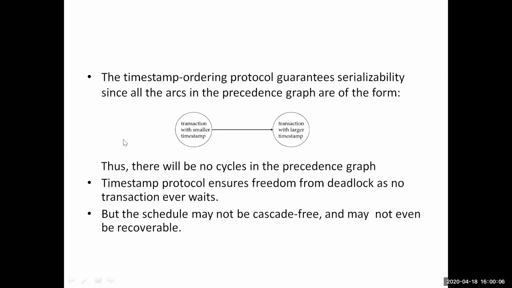In the last example also we have seen that as T1 is getting rolled back, control comes to T2. That means first T2 will get executed, then T3, and after that my transaction T1 will start again. Thus, there will be no cycle in the precedence graph.